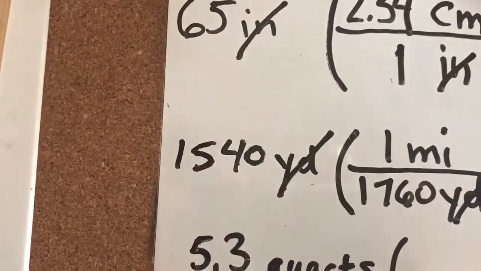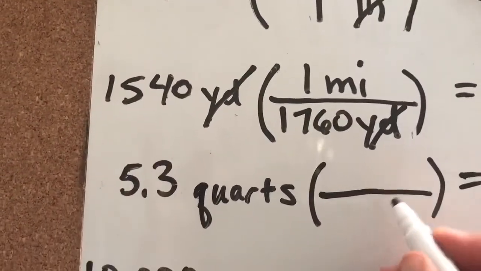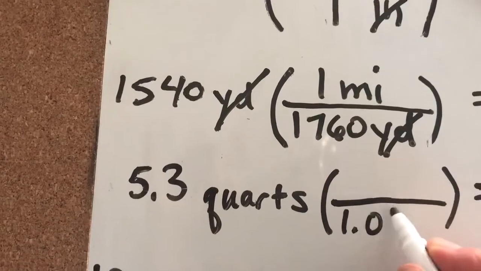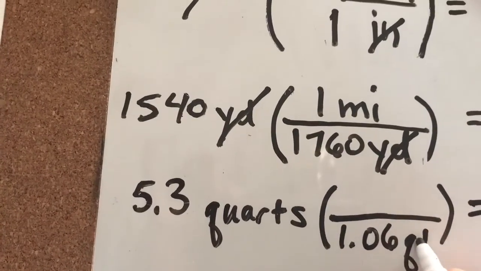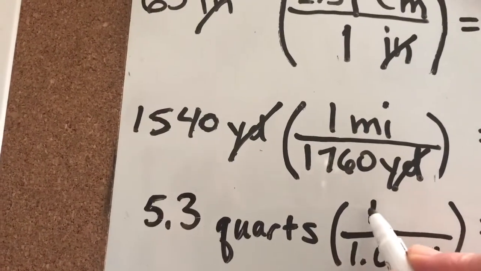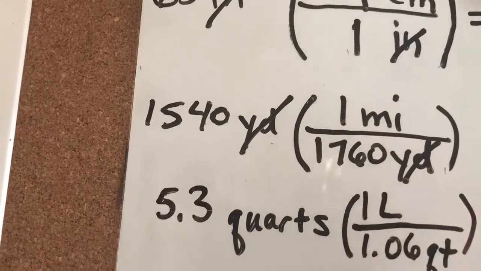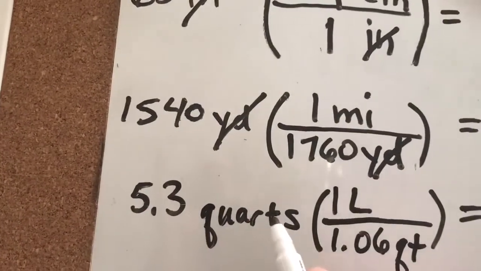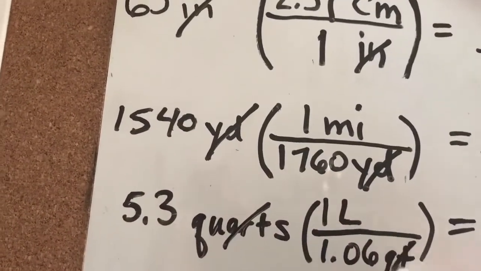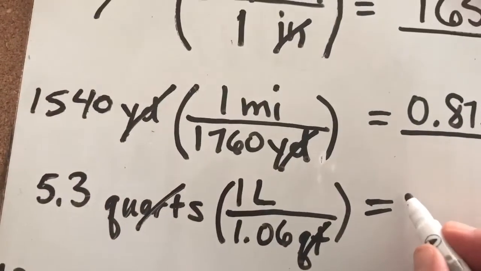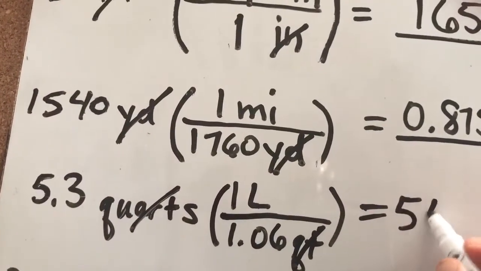So I'm going to put the quarts in the denominator to cancel out quarts. That was 1.06 quarts in 1 liter. And as I multiply those two together, the quarts will cancel with one another. And so that gives me 5 liters.